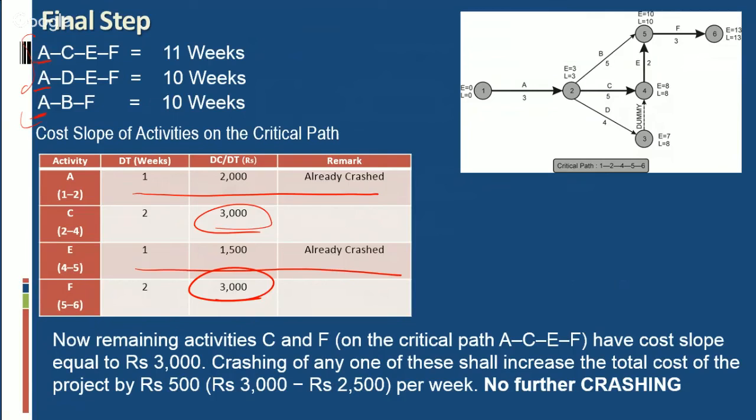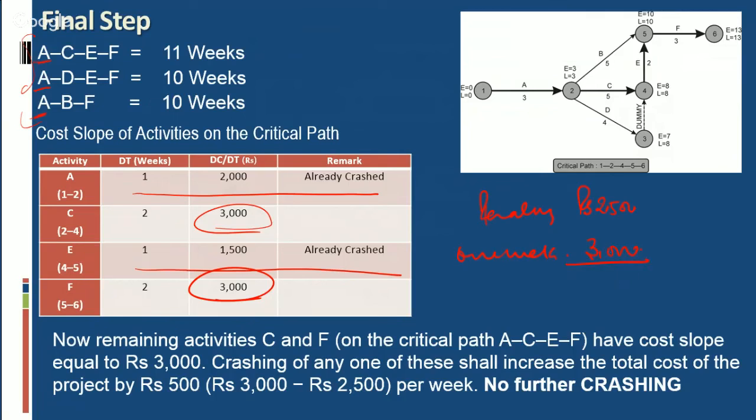It is not advisable to opt for further crashing because our penalty amount is rupees 2,500 and our 1 week possible crashing cost is 3,000.